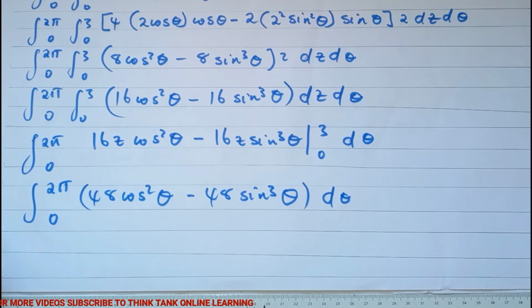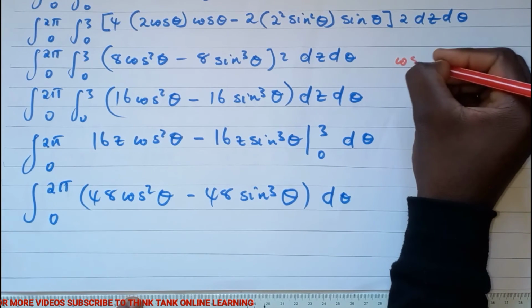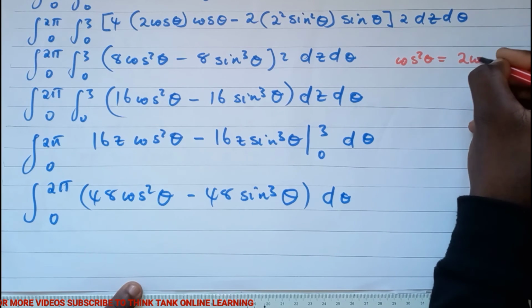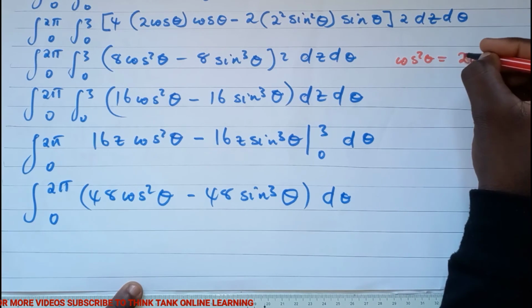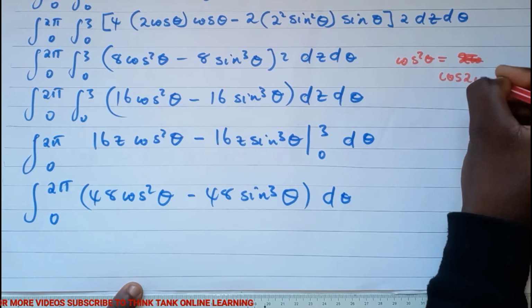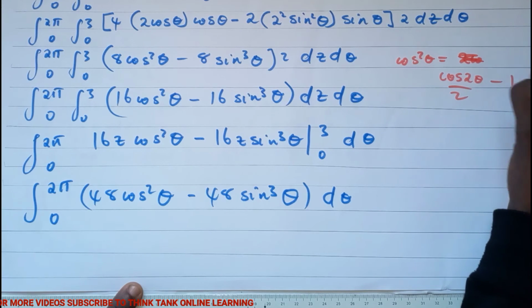Instead of writing cos squared theta, we're going to write it as cos 2 theta over 2 plus 1/2.